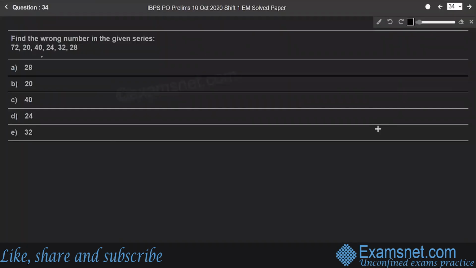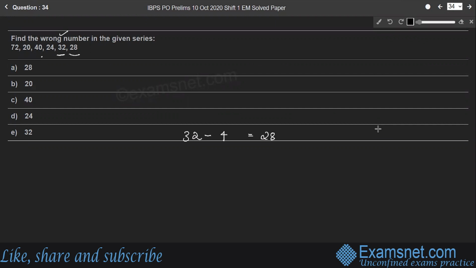Question 34. Find the wrong number in the given series. The series has 6 numbers. We'll consider the last number 28 first, right? 28 is obtained when 4 is subtracted from its previous number 32, right?